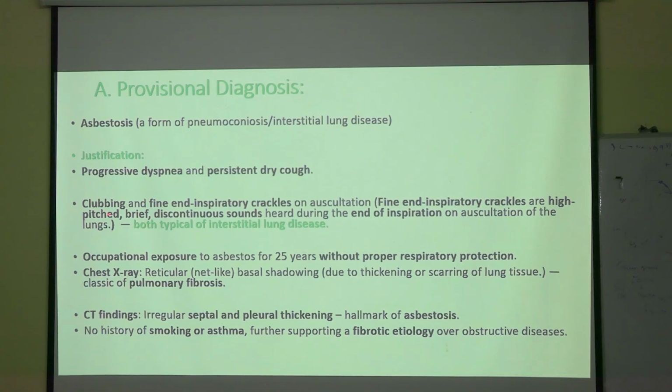Now another important thing is clubbing and fine, inspiratory crackles on auscultation. What is the meaning of inspiratory crackles? It means there is a specific type of sound that may occur in this particular case, mainly during the end of inspiration, right?